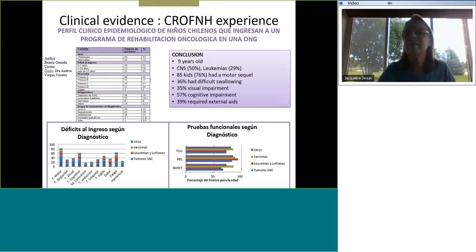In a hospital, it is quite difficult to apply the 6-minute walk test or the up and go because they are still connected to an IV, or they're receiving treatment, or there is not enough space, which is what happens in our case. So the first time we do not use the test, but we do use it when we reevaluate the children 3 months later.